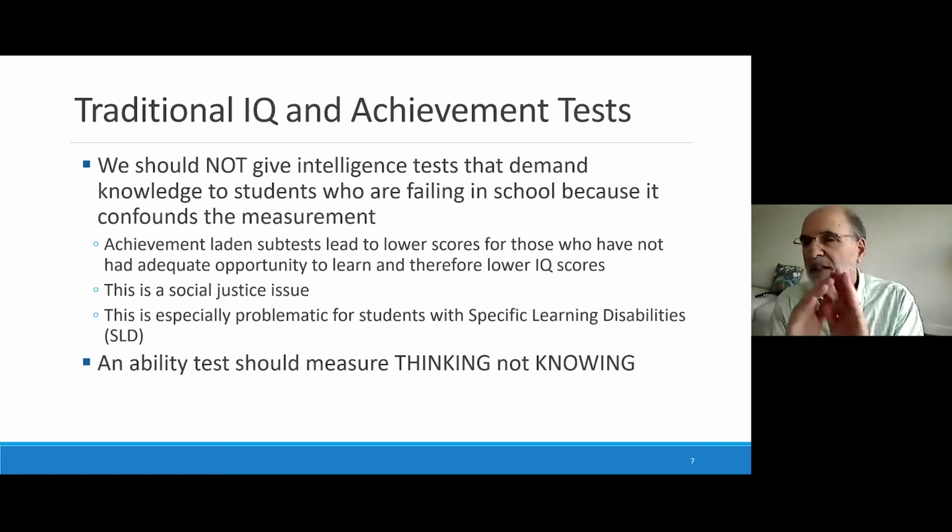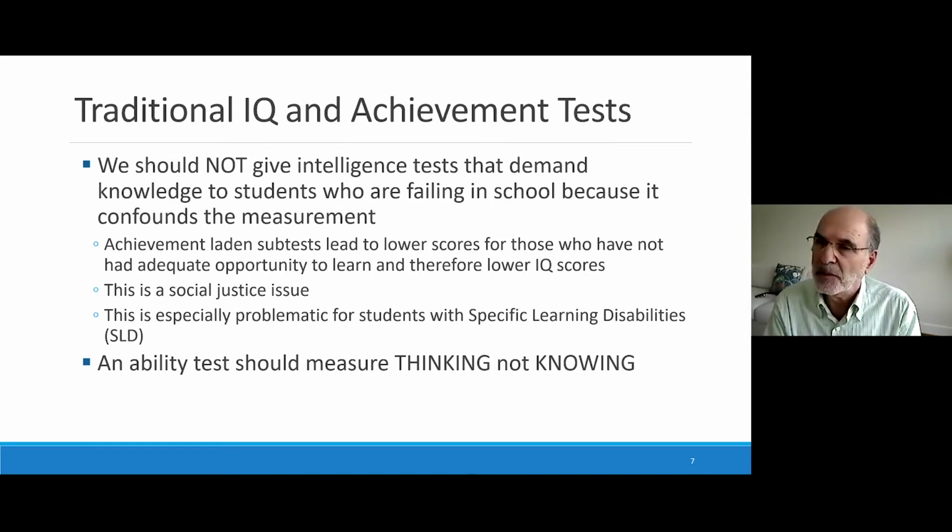So think about a traditional learning disabled child. They're not reading very well, they're not learning very well. You sit down and give them a WISC or a Woodcock-Johnson or Differential Ability Scales or Stanford-Binet, and you're asking vocabulary questions. Well, how do you get vocabulary? It's from reading, right? A big part of vocabulary acquisition is through reading. And then they get a lower IQ score because they don't have enough vocabulary.